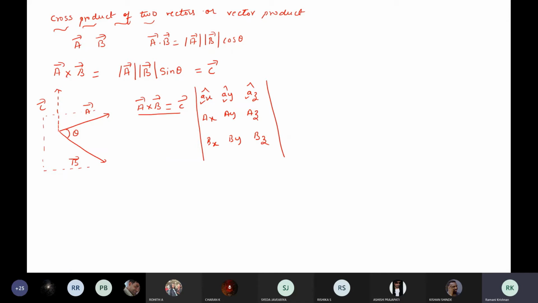Now we have seen what is scalar product, what is vector product. Now in this chapter of Maxwell's equations, why we are seeing this module: whenever we talk about electric field and magnetic field, wherever applications come, at some places the electric lines of force are diverging, at some places they are converging.